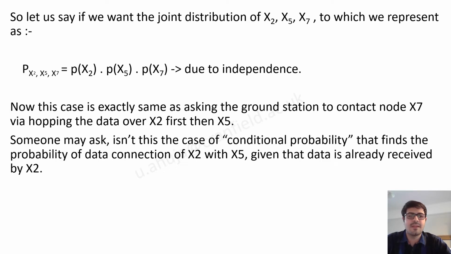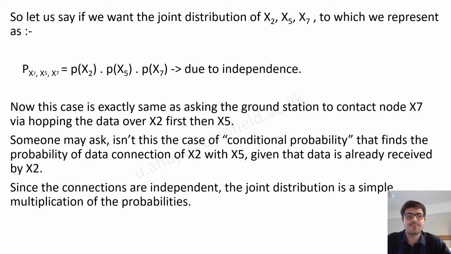One may ask, isn't this the case of conditional probability, which finds the probability of data connection of X2 with X5 given that the data is already received by X2? Since the connections are independent, the joint distribution is a simple multiplication of the probabilities. It doesn't matter, because the communication of X5 and X2 are not dependent on one another.